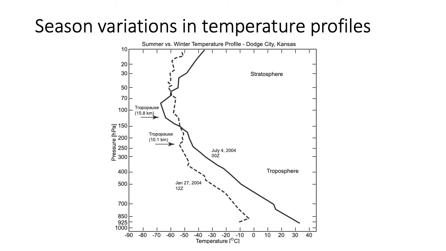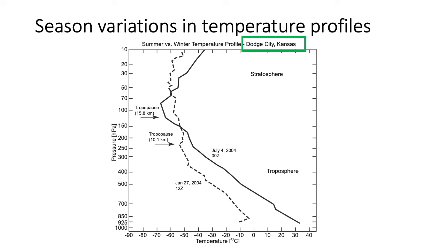So let's look at typical seasonal variations in profiles of temperature in the middle latitudes. Keeping in mind that every profile is different from day to day and from season to season, but there are certain features you expect to see change as we go from winter to summer and back. This is again Dodge City, Kansas. It's just a random station I picked because it was convenient.